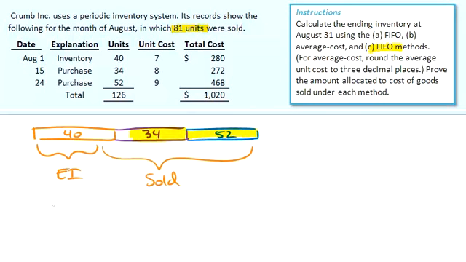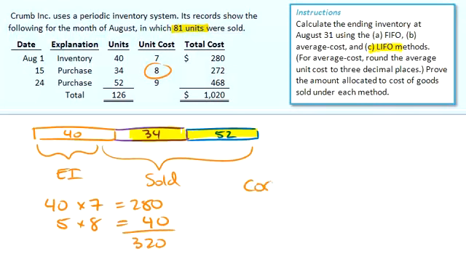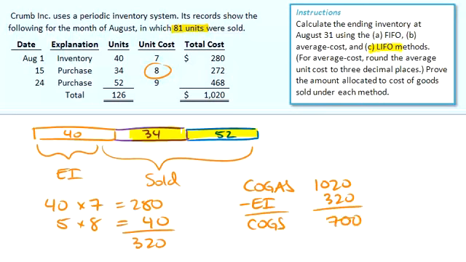So our ending inventory will include 40 units at $7 a piece, or $280, plus 5 units at $8 a piece from our oldest purchase, or $40, for a total of $320. So our cost of goods available for sale was 1,020 minus our ending inventory of 320 gives us cost of goods sold of $700.